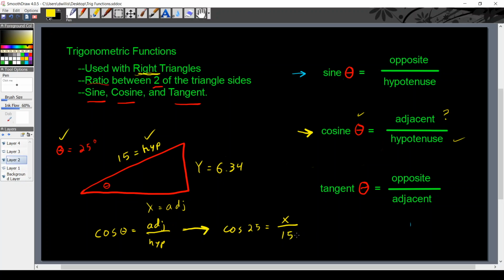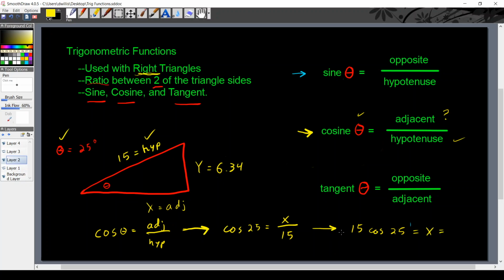Just like last time, I've got my unknown value in the top of a fraction, with this function and this number. So I'm going to multiply both sides by 15, cross those away, and have the 15 on this side. Carrying that across, we'll have 15 cosine 25 equals x.